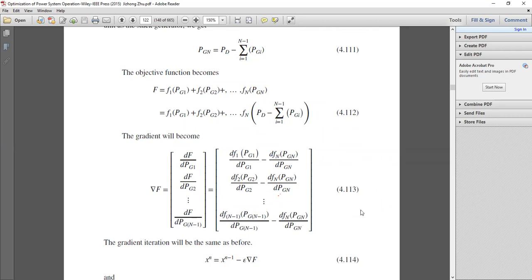So this is actually what we are going to get. N minus 1 entries, but all the entries are now updated. It is not only dF1 by dPG1. There is some dFn by dPGn. You see Fn is now, or actually PGn is now a function of all the PGi.